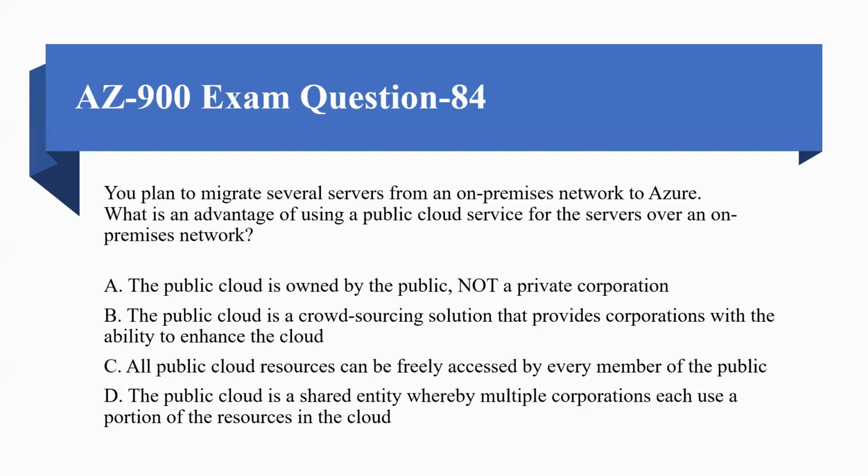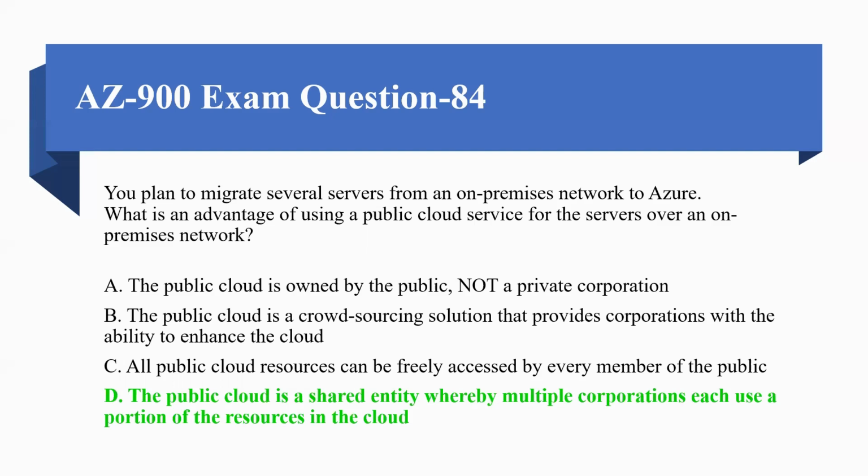Option C, all public cloud resources can be freely accessed by every member of the public. Option D, public cloud is a shared entity whereby multiple corporations each use a portion of resources in the cloud. And correct option is D, public cloud is a shared entity whereby multiple corporations each use a portion of resources in the cloud.